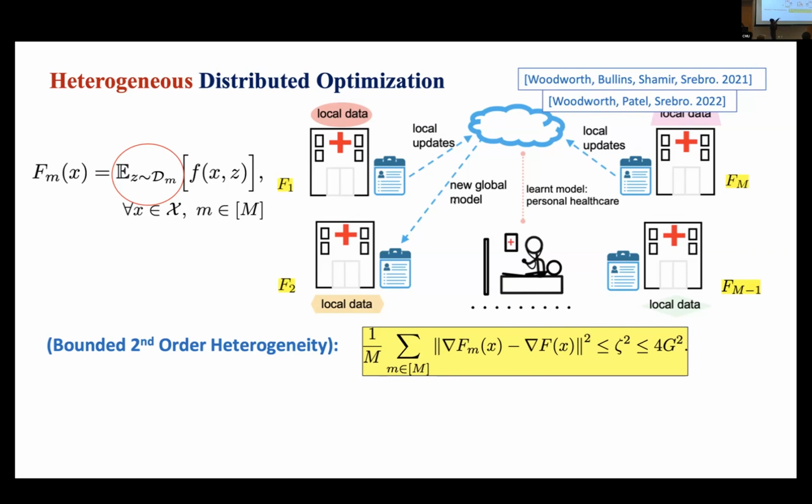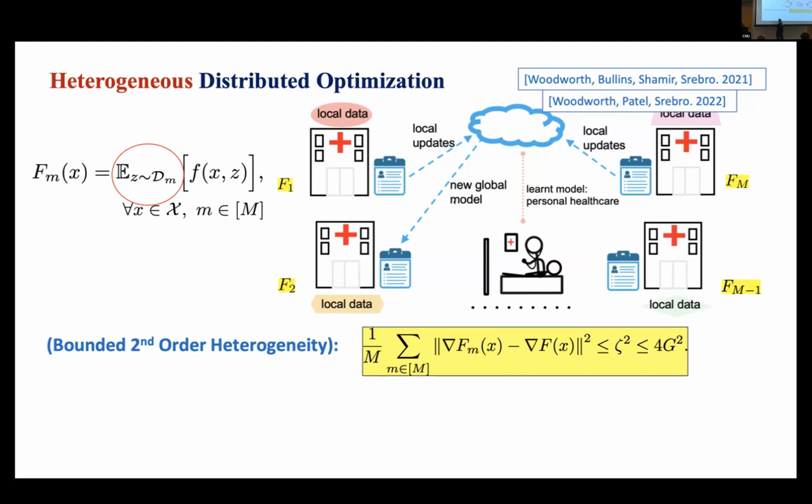It's called the bounded heterogeneity assumption, where we assume that on average, if you average over all the machines, and I take the gradient of the stochastic loss function of the mth machine, and suppose f is the aggregated function, so f is basically the summation over the f_m's, this is essentially the aggregated function. The aggregated function's gradient and the individual gradient in each of the machines are not too different on average.